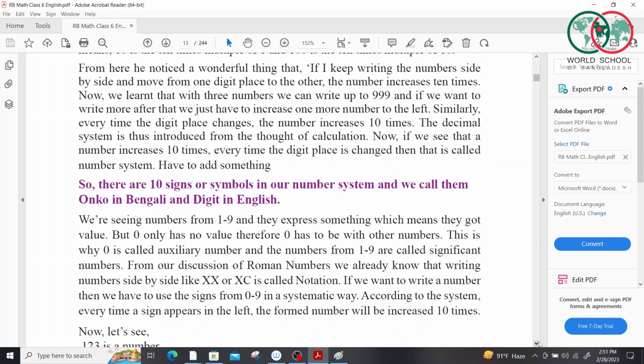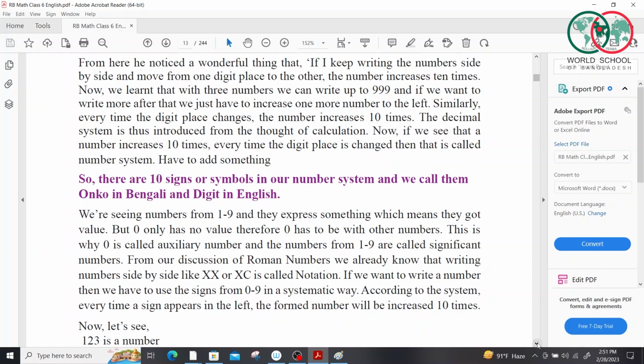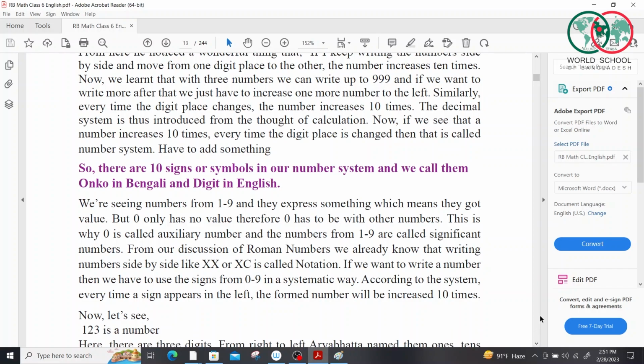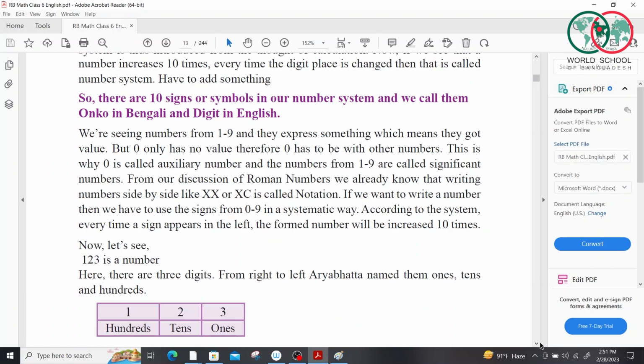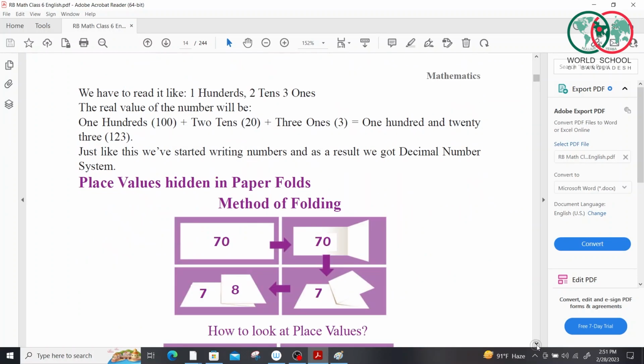So these 10 signs we used are 0, 1, 2, 3, 4, 5, 6, 7, 8, 9. Total 10 signs or symbols. These are called onko in Bengali and digit in English. So we will see how these digits represent various numbers.